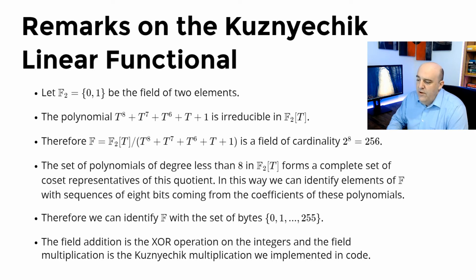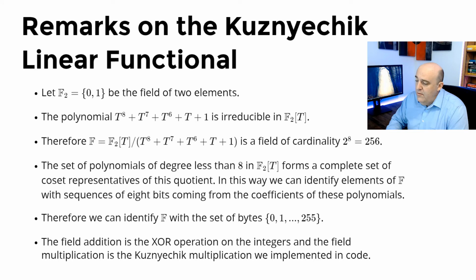And so if we look at the principal ideal generated by it and mod the polynomial ring by that principal ideal, we in fact get a field. And the cardinality is 2 to the 8. And the set of polynomials of degree less than 8 in the polynomial ring F2[T] is in fact a complete set of coset representatives for that quotient.